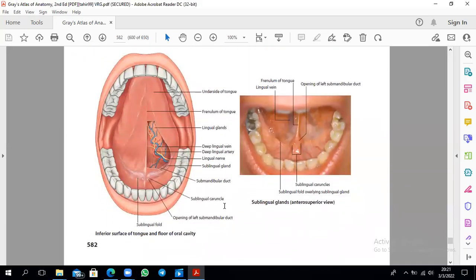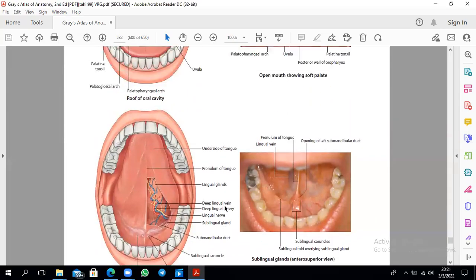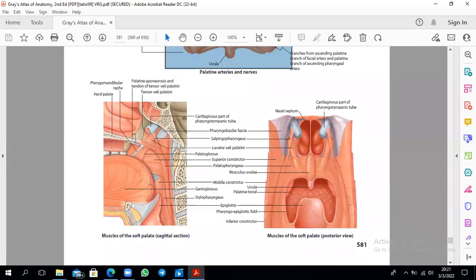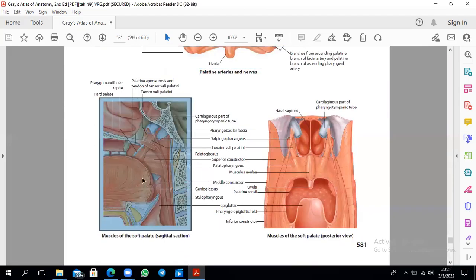So these are just pictures showing you what you expect to find in the oral cavity. That's another good picture. Then I would like to dwell a bit on this one. That is tensor veli palati. Then that is levator veli palati.